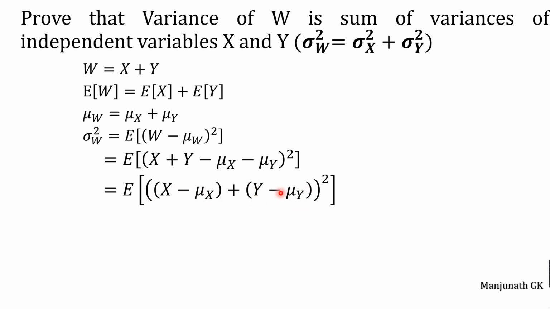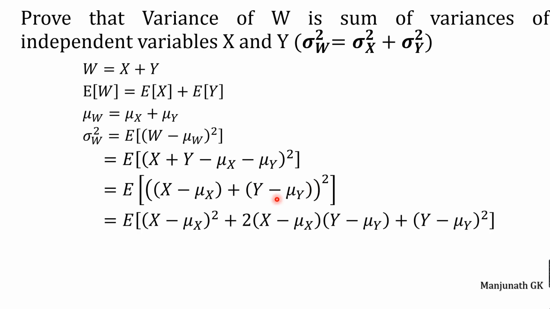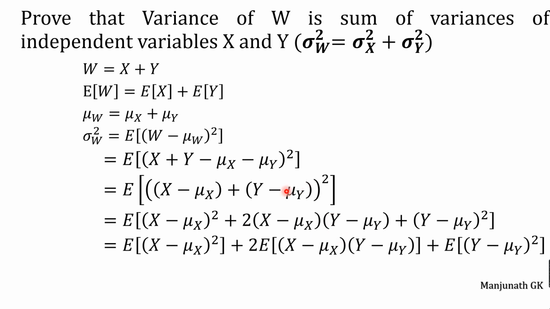Alright, it is in the form of (a plus b) whole square. Use a squared plus b squared plus 2ab: first term, second term, and 2 into a into b. Expectation is a linear operator, so apply expectation inside the bracket: expectation of the first term, second term, third term.